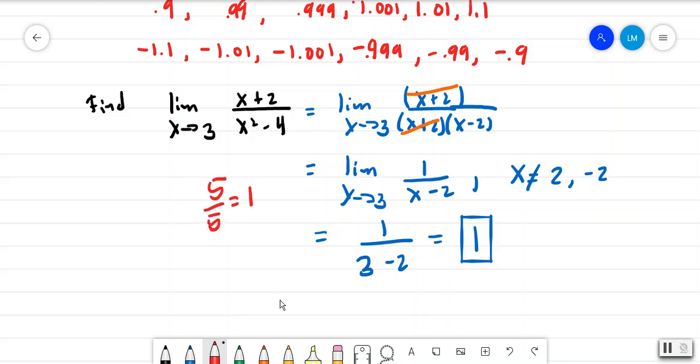Same thing. So in these cases, you just have to be aware of where the equations are undefined and would have unbounded behavior such as minus infinity and positive infinity. But if it's not any of those values, then it's okay to just plug it in.